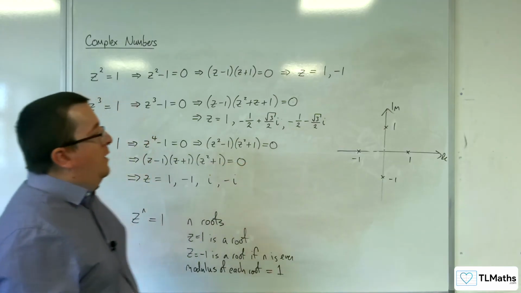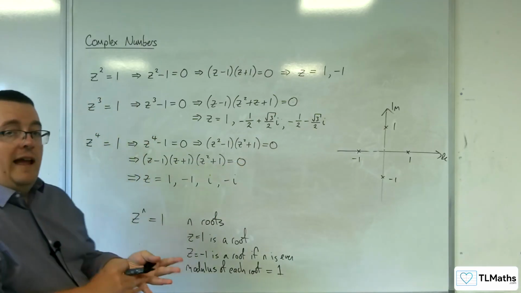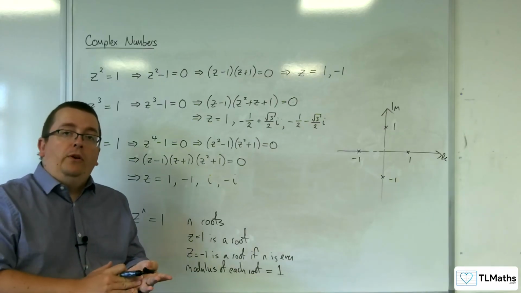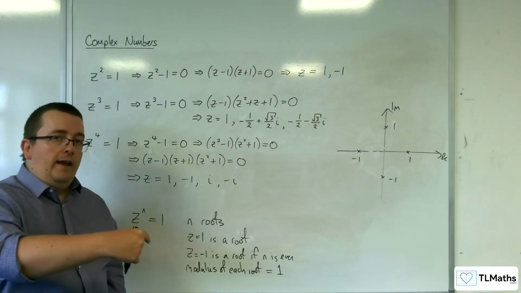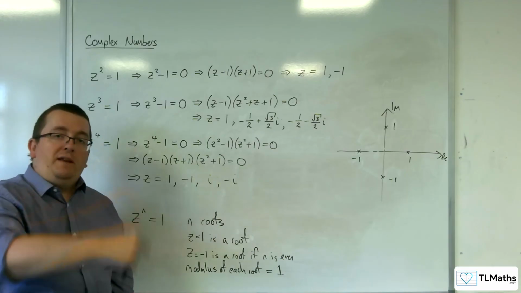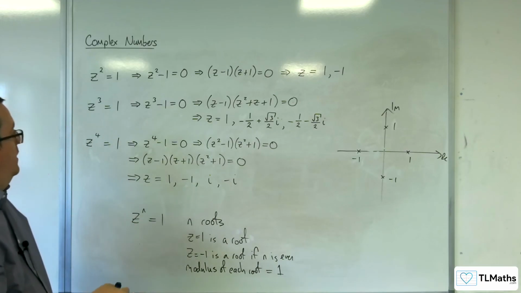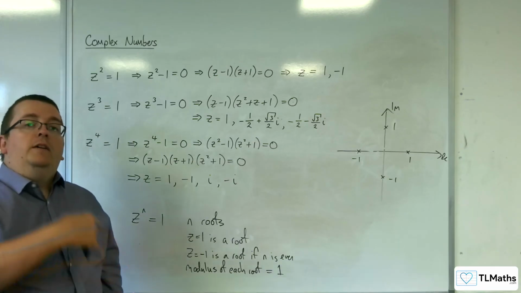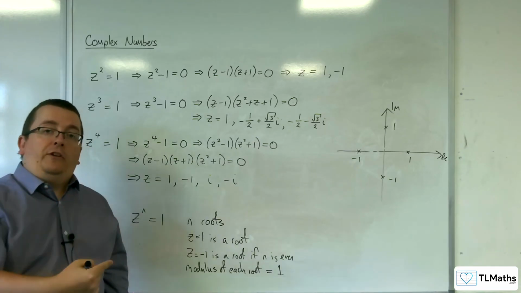So in actual fact, on an Argand diagram, it forms an n-gon. If you had 5, you'd have a pentagon, so z to the 5 equals 1 would be a pentagon. Z to the 6 equals 1, you would have the roots forming a hexagon.